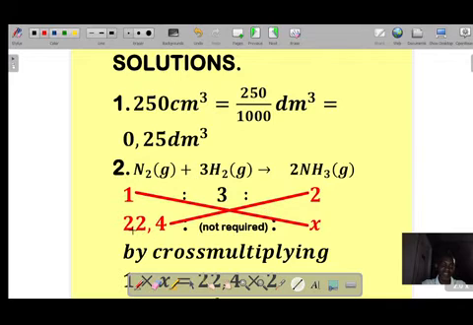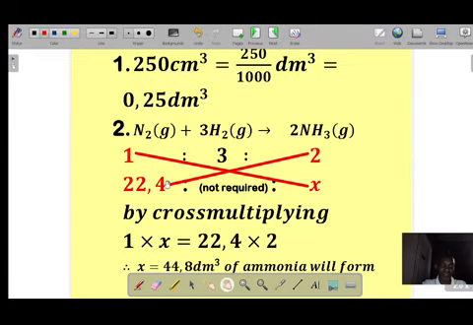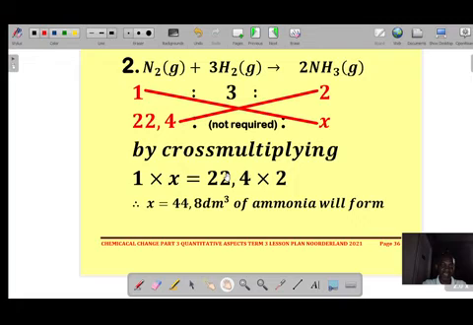The 22.4 is the available nitrogen, but here the mole ratio is 2. So after cross multiplying, what is 1 times x? That is x, and then 2 times 22.4 gives me 44.8. So that will be the volume of ammonia formed. Okay, let us continue.